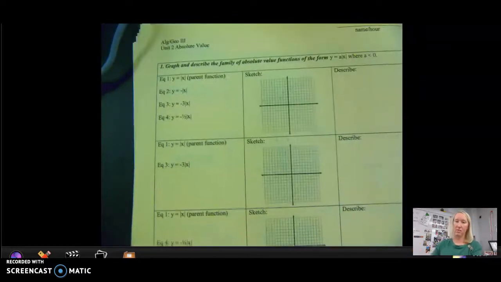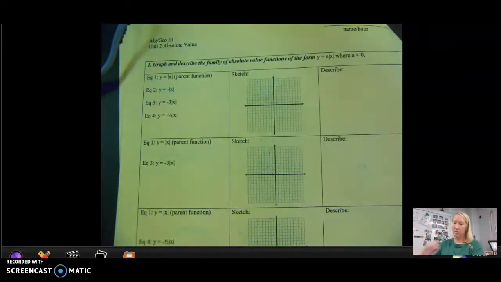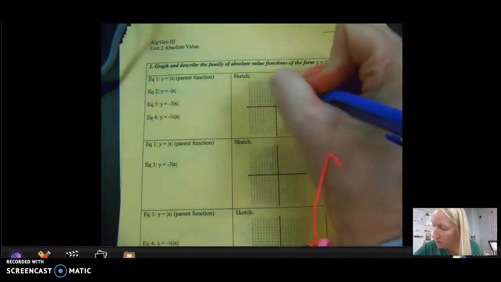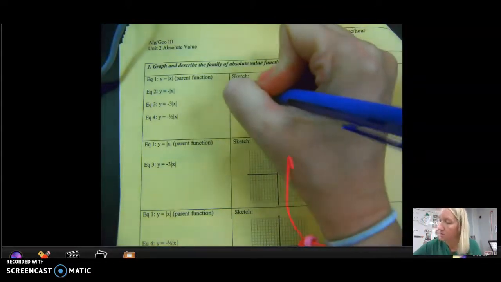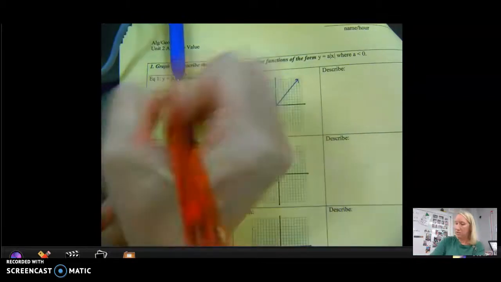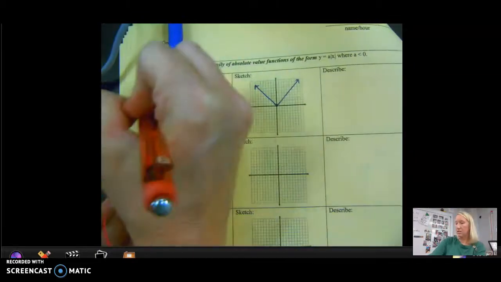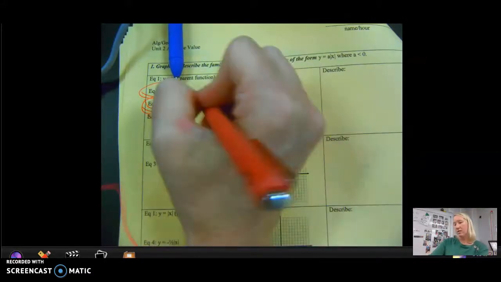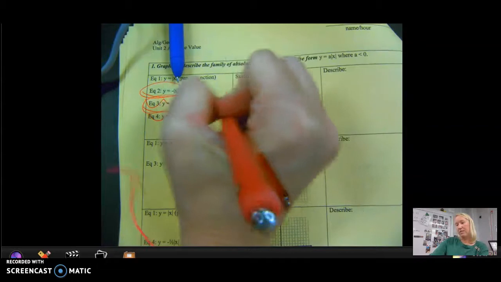Next page. Now we're going to throw in negative numbers with my slope. So parent function right here, 0, 0, up 1 over 1. Same thing here. Now let's do this one first. I'm going to do a slope of -1. That means -1 over 1.